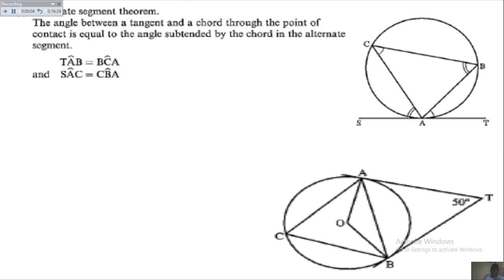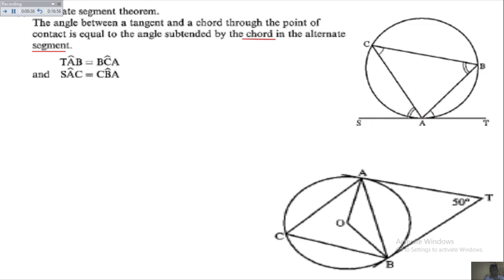Now, the angle between a tangent and a chord through a point of contact is equal to the angle subtended by the chord in the alternate segment. Look at it. The angle between a tangent and a chord. This is a tangent. When we're talking about a chord, this is a chord, this is a chord, that is a chord.